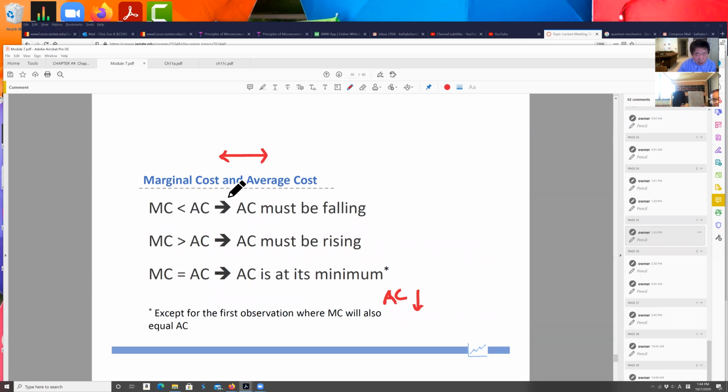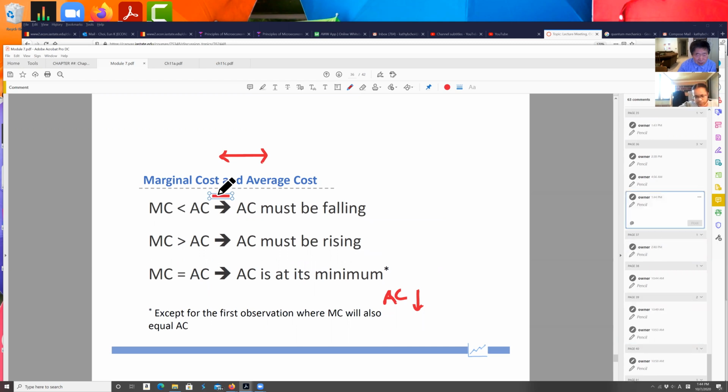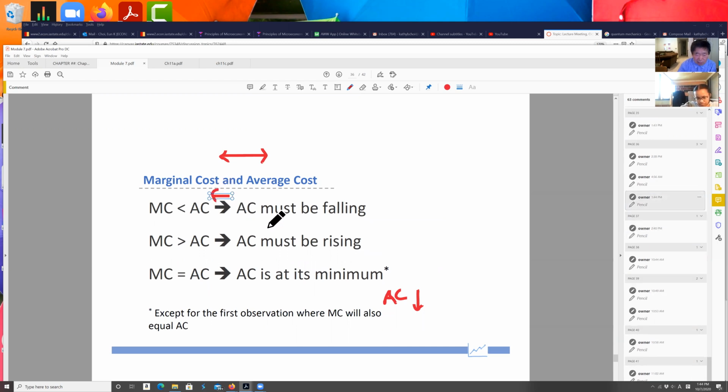We are saying if average cost is falling, that means, like on the final exam, the average score is falling because one last guy was added to this class, that means the last person has a lower score than the average student in the class.